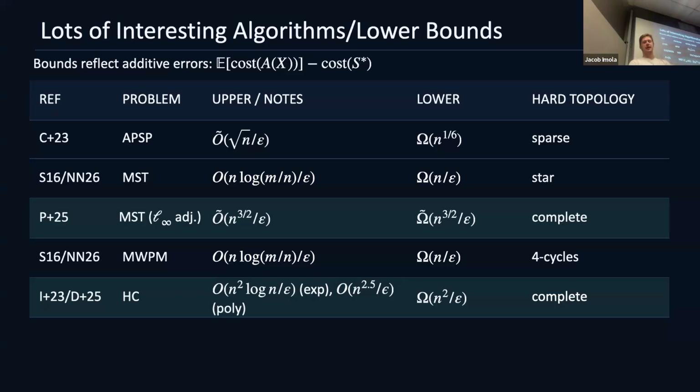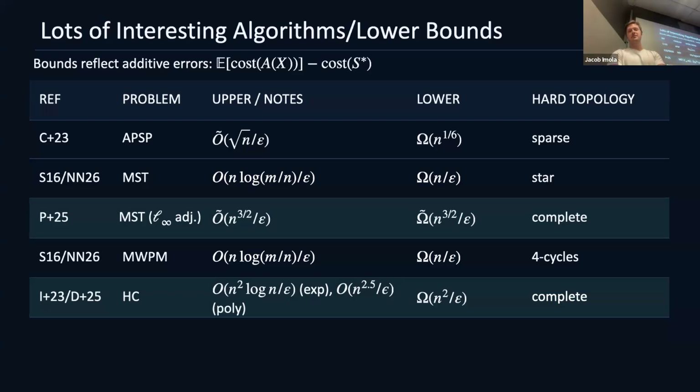For the all pairs shortest paths problem, there's this paper by Sealfon from 2016, and it's been improved, and it has some interesting algorithm design. We know that you can compute all pairs shortest paths with root n over epsilon error. And there's a polynomial lower bound, which uses some really interesting combinatorial graph families.